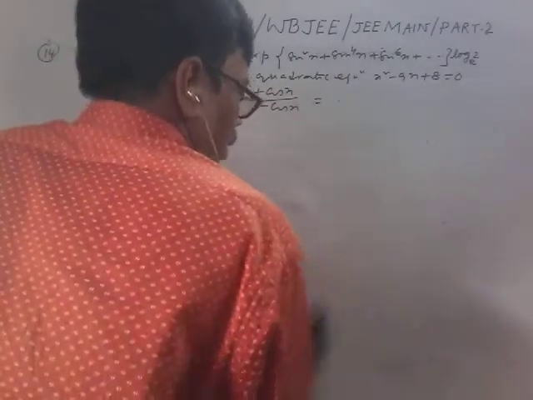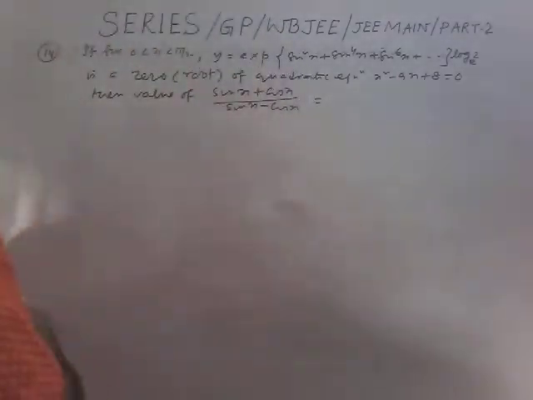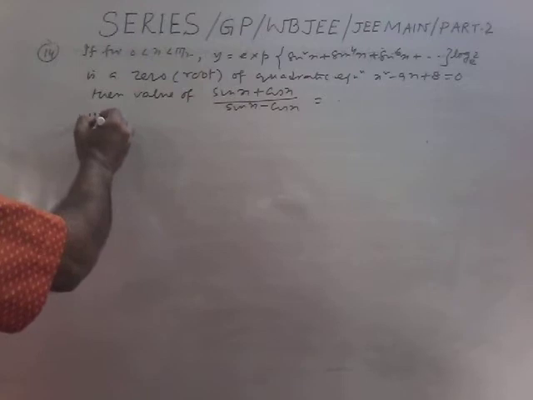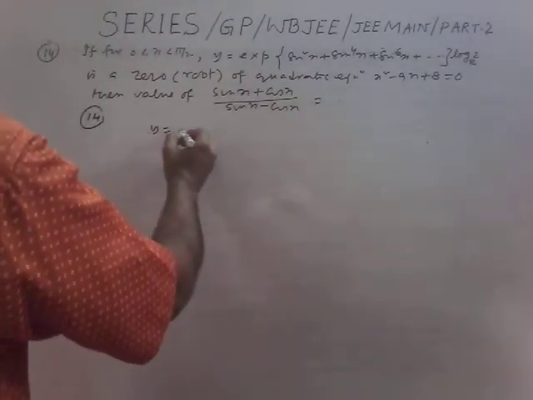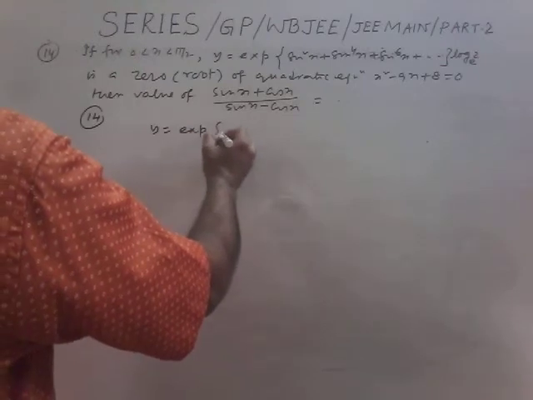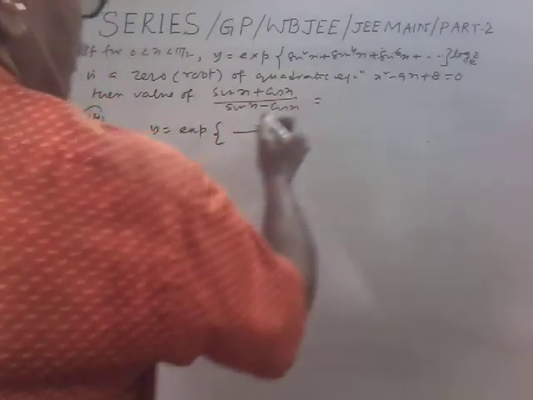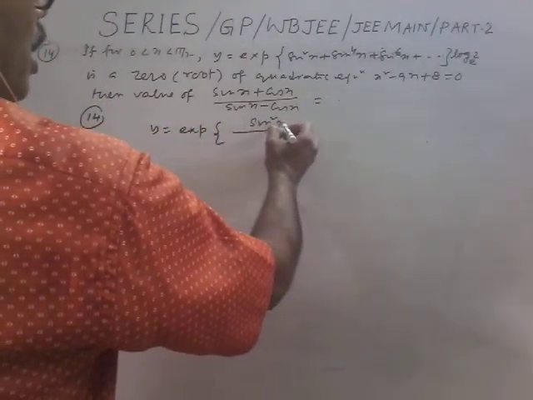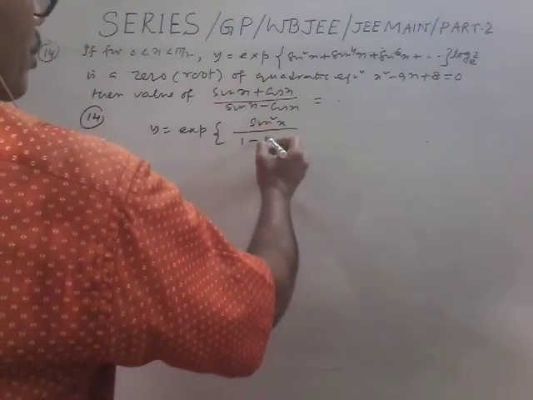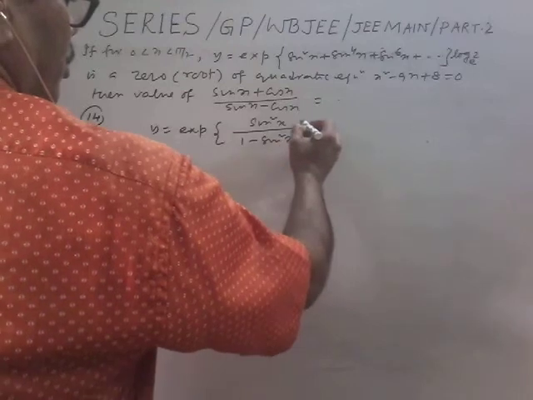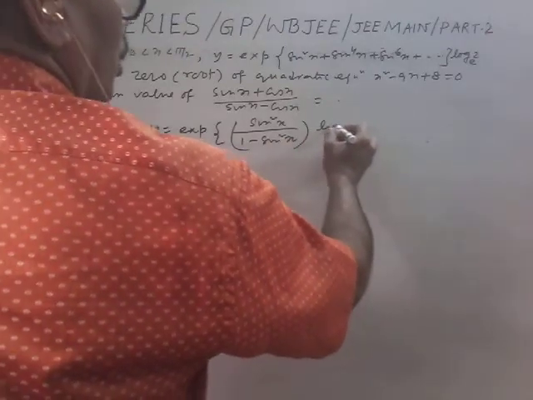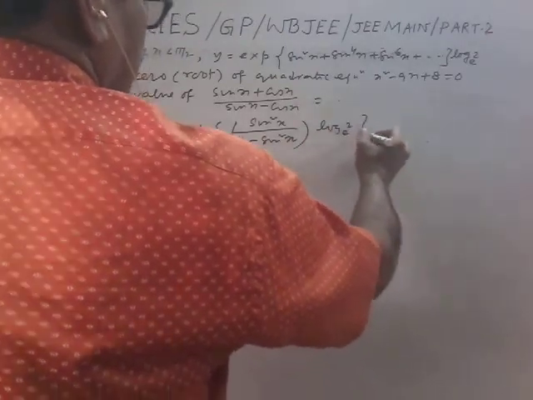Now problem number 14. X belongs to the first quadrant. Y equals exponential, so this is an infinite GP series, a by 1 minus sin square x into log 2 base e.